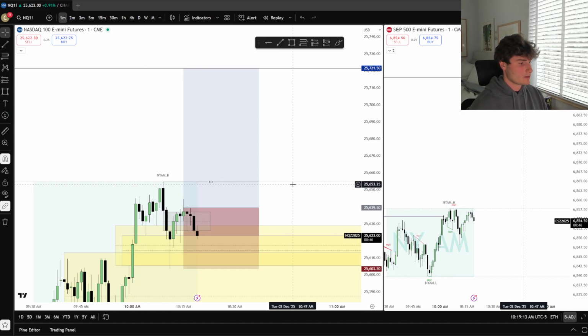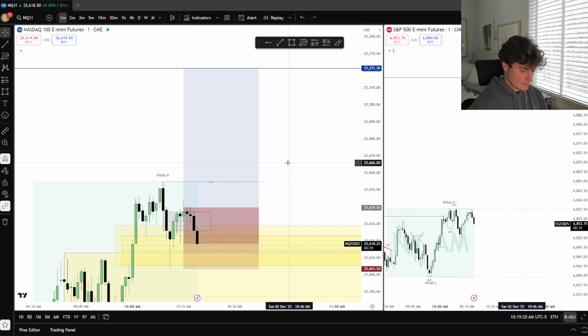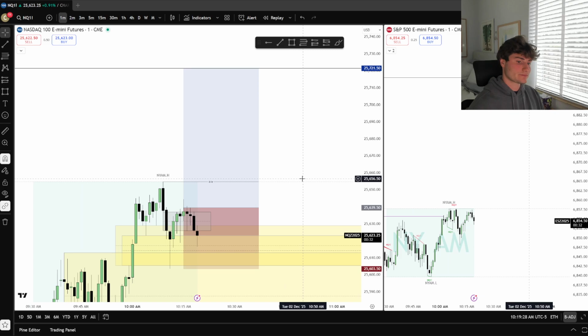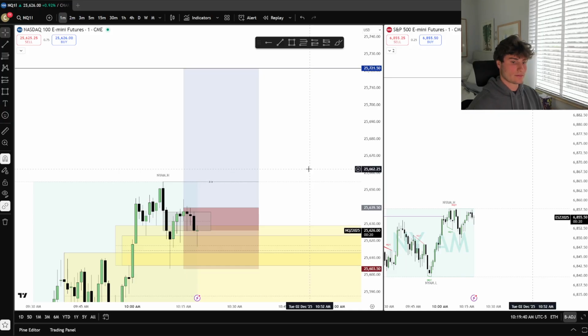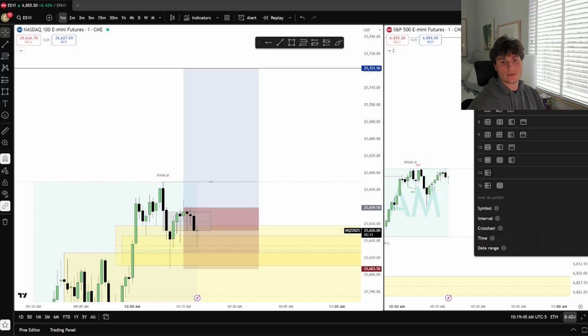Looks like we could get stopped here, ladies and gentlemen. Waited all morning for this? For this? Let's see what happens. Really don't like fading this 4-hour bearish SMT.